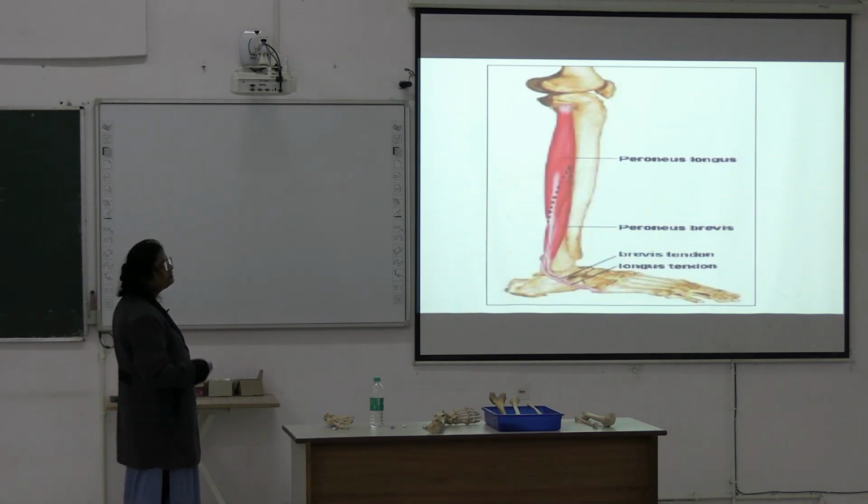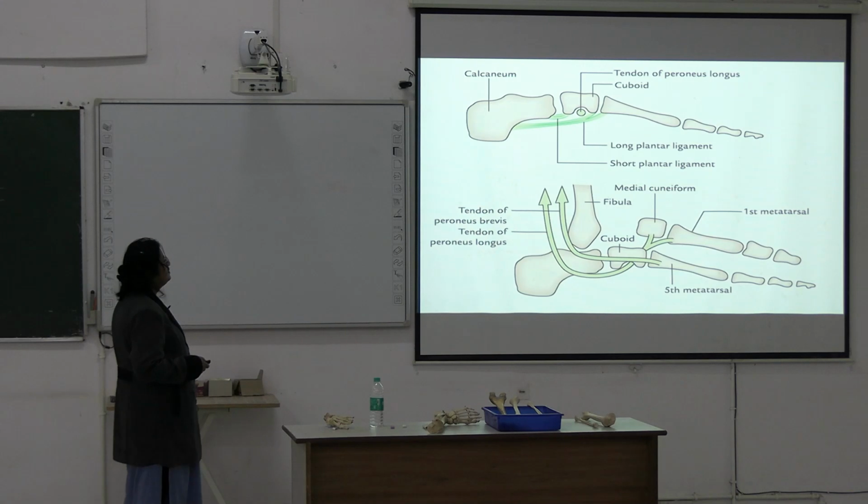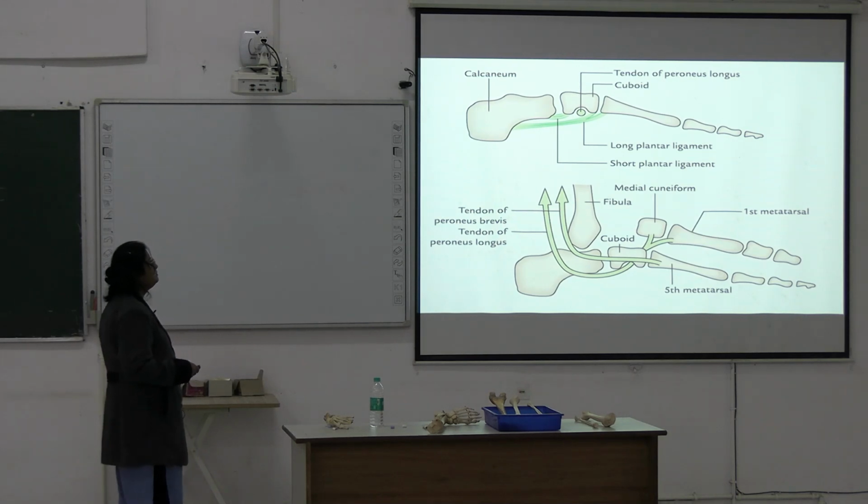Next, this is for the medial arch, and for the lateral arch, these two muscles, peroneus longus and peroneus brevis, are forming the sling. Next, here you can see the lateral arch maintained by this; the sling action is done by these two, the tendon of peroneus brevis and the tendon of peroneus longus, understood?